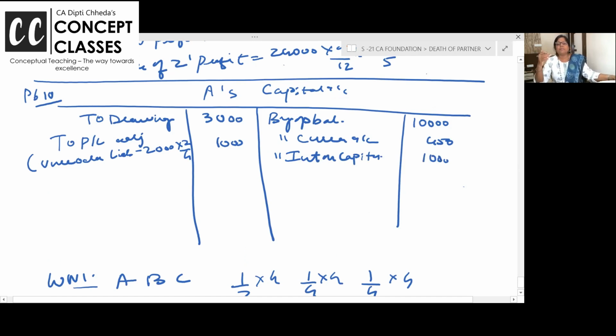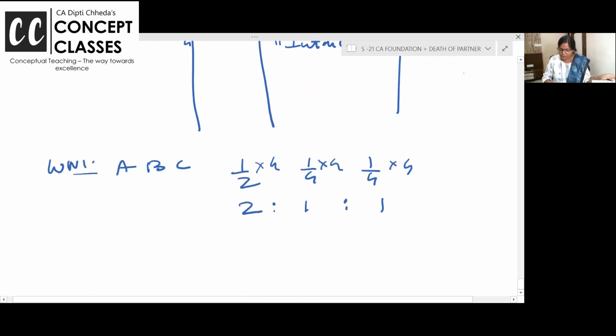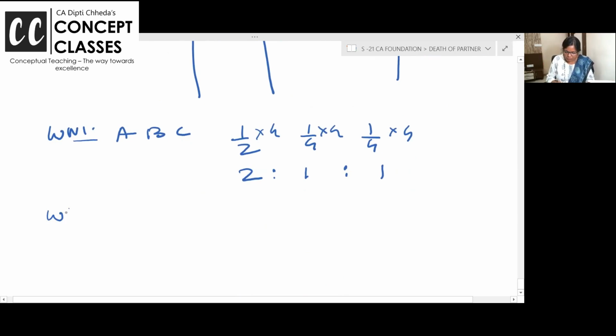Though he died in September, but they have asked you to give till December. That upon the death, goodwill of firm is valued at 2 years purchase of average profit after charging interest. So goodwill calculation करते हैं. चलो, working note 2. For that, profits must be given to you. Profits आपको दिए हैं last पैरा में.